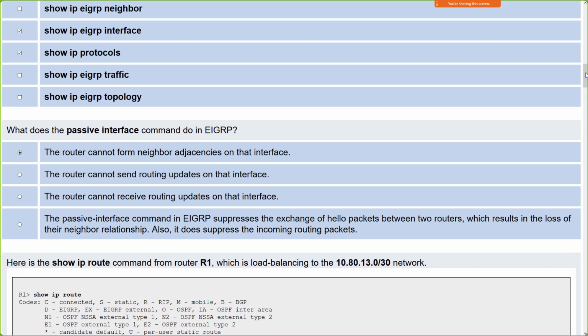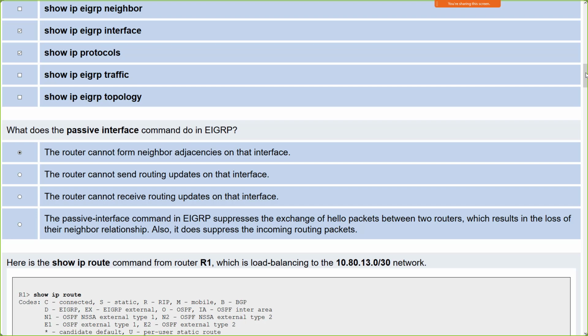The passive interface command in EIGRP suppresses the exchange of hello packets between routers, which results in the loss of their neighbor relationship, and it does suppress incoming routing packets. So both of those answers are correct then, right? A and D, because if I can't send hellos, I can't establish an adjacency.